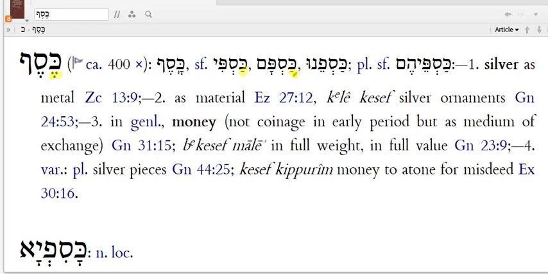There's my A vowel. Kaspenu, our kesef. Okay, so we see that A vowel there. And then my plural noun, kesafim, when I add pronominal suffixes, especially the heavy endings, notice I get that original A vowel there: kaspeihem, their silver pieces, plural. So the original vowel with the kaf of kesef was in fact an A-class vowel.